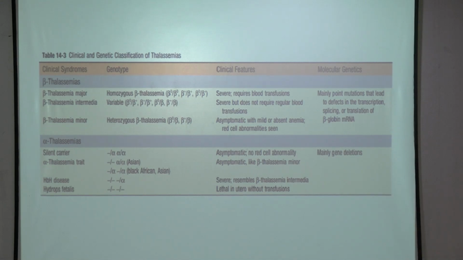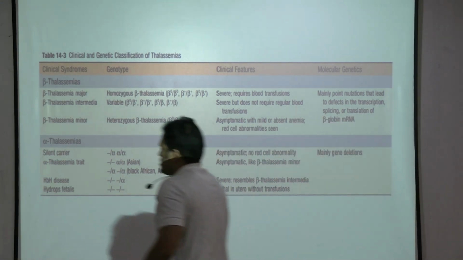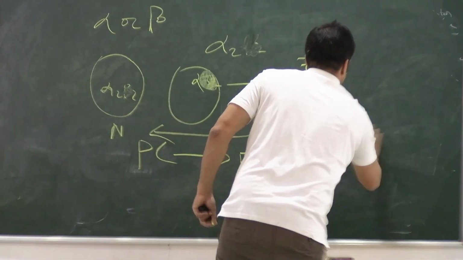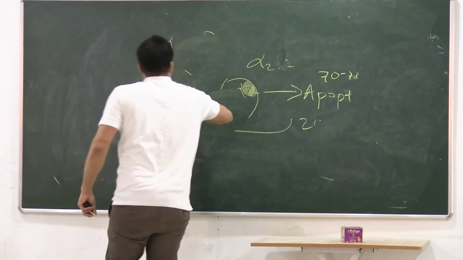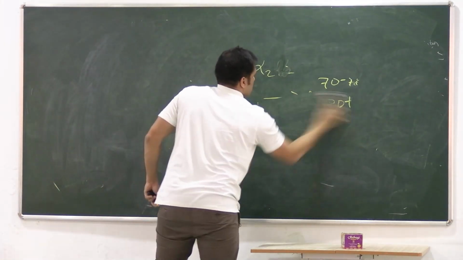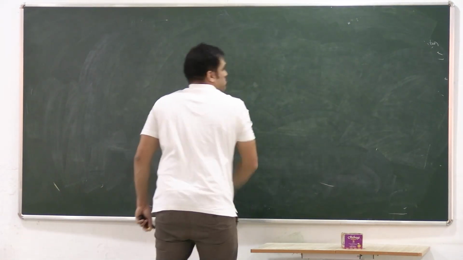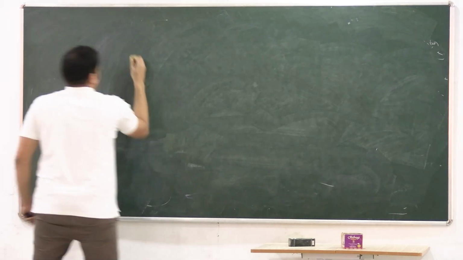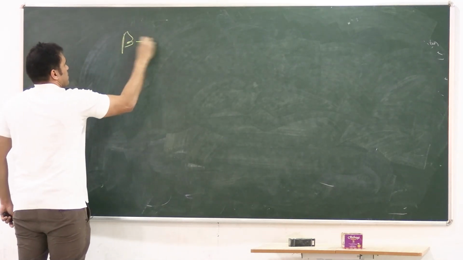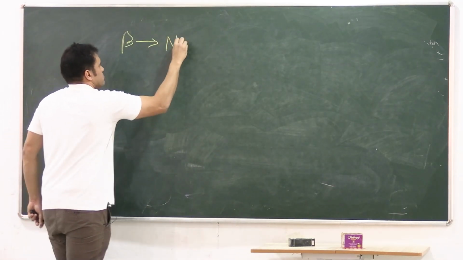So, beta-thalassemia major. Now if we consider the beta gene, for example, beta gene is normal.